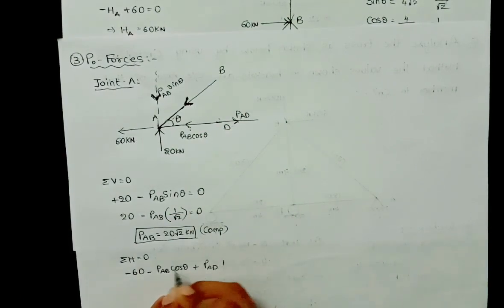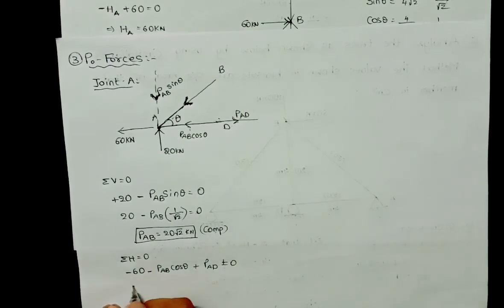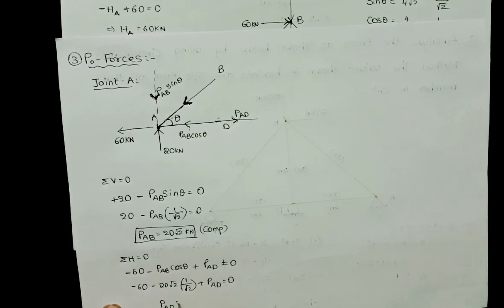PAD. So algebraic sum of all horizontal forces finally equal to 0. So substitute the values. Minus 60 minus PAB, we got as 20 root 2, into cos theta, 1 by root 2, plus PAD equal to 0. Therefore we got PAD as 80 kilonewton.